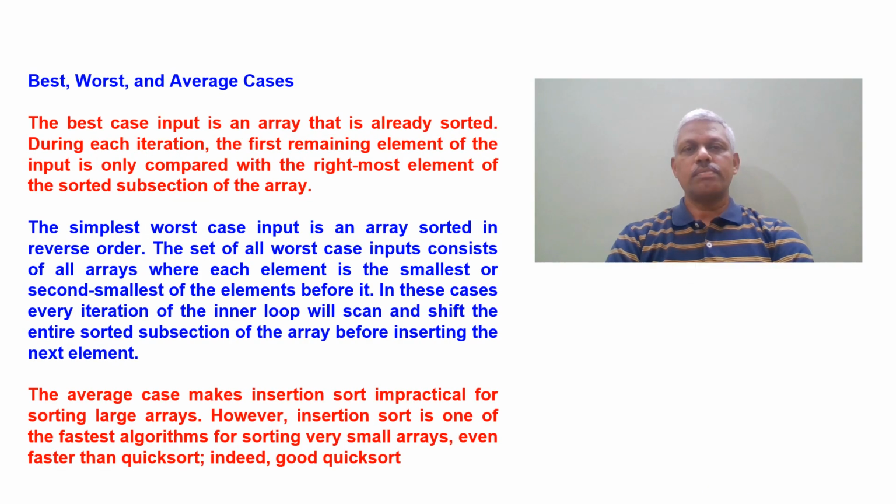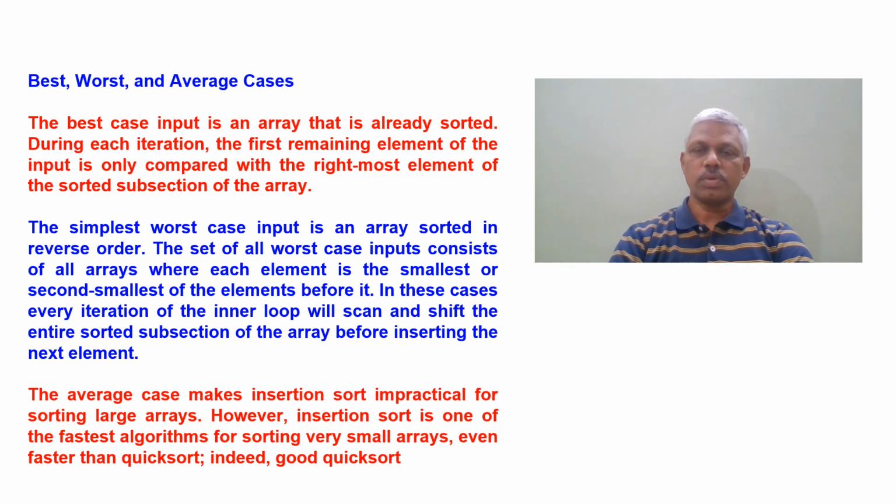If we look into the best case, the given array is in sorted order. Starting from the second element, it will be compared with the previous one. It's already in sorted form, so we keep moving. Every element will be compared with the previous one, and comparisons are necessary, we cannot avoid them.